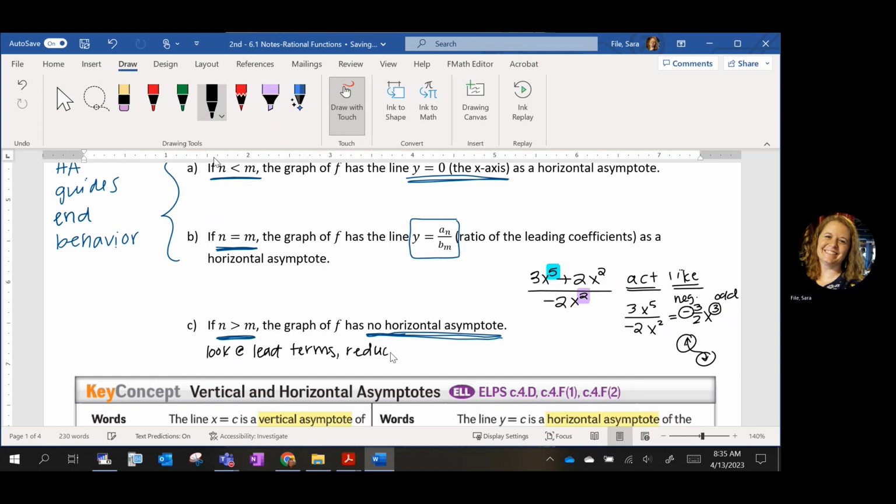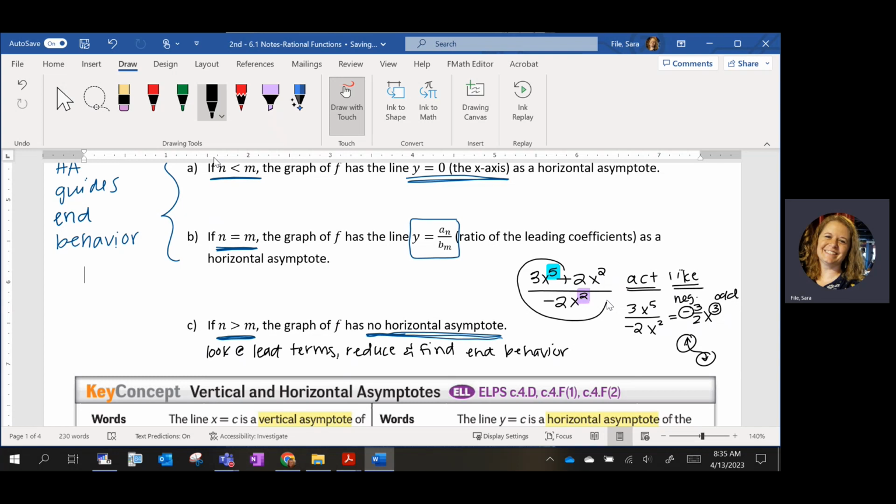Reduce. And find end behavior. Based on that, like what we just did. We looked at just the leading terms.